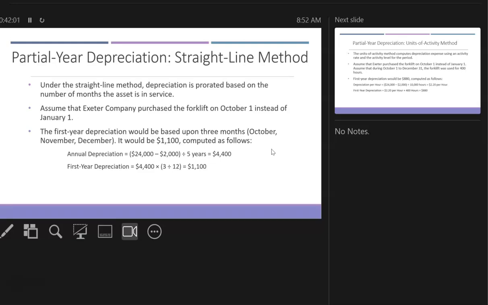So if you think about it, year 1 is just 3 months. Then we're going to have year 2, 3, 4, 5, and then year 6, we're going to get 9 months of it, aren't we? Right? Because it's 5 full years.